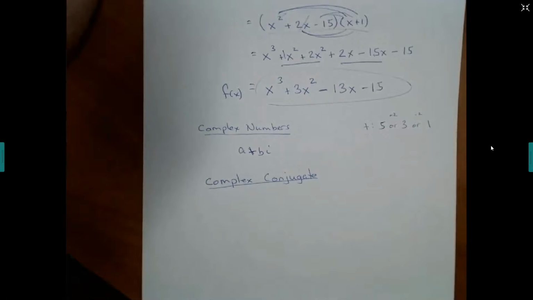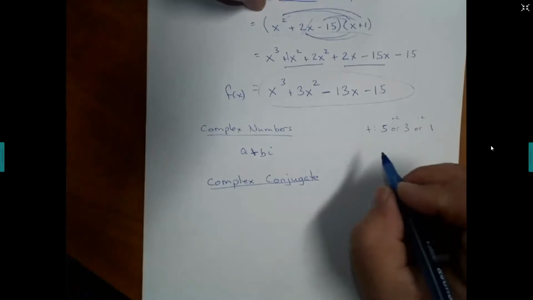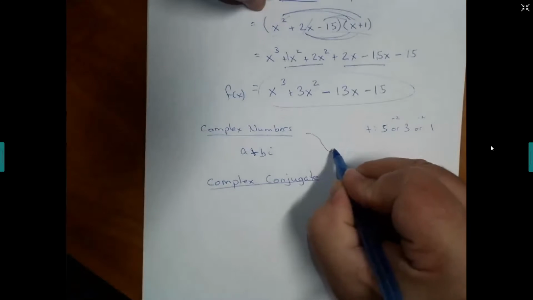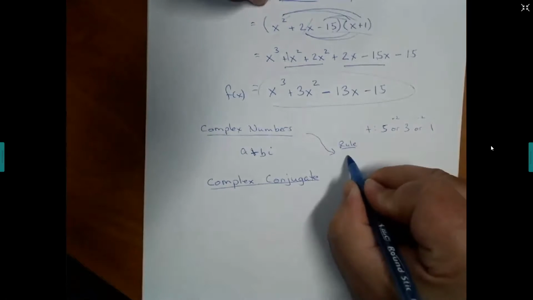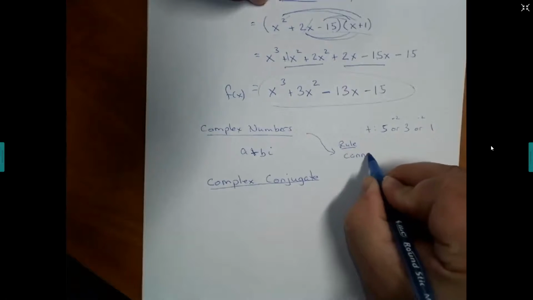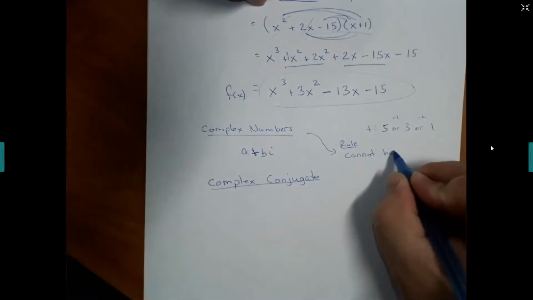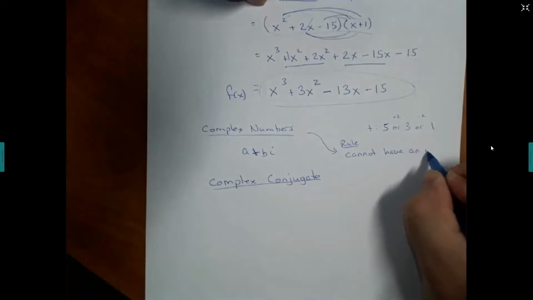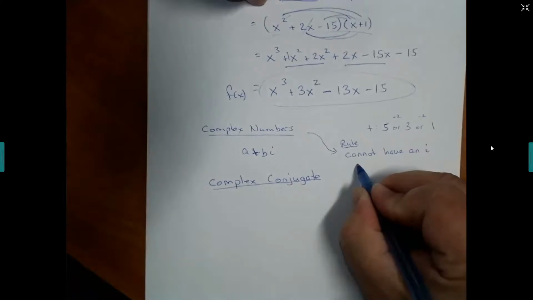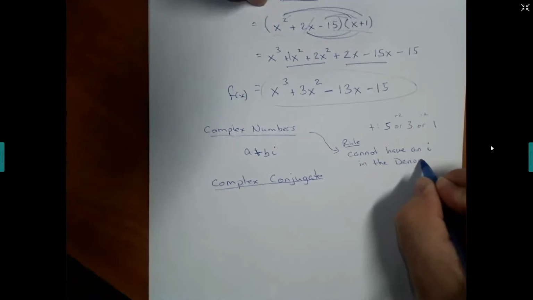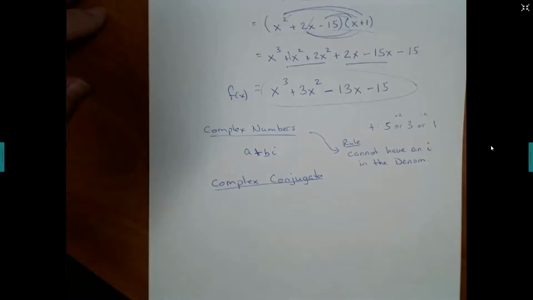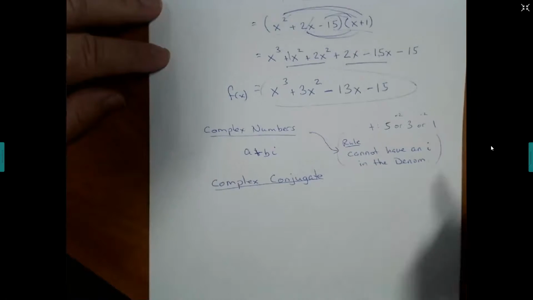Whenever you divide complex numbers, a rule about complex numbers, another one I should say, is you cannot have an i in the denominator.